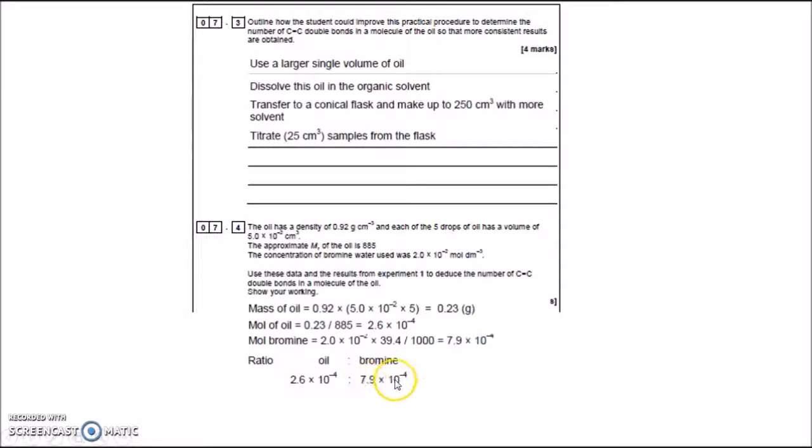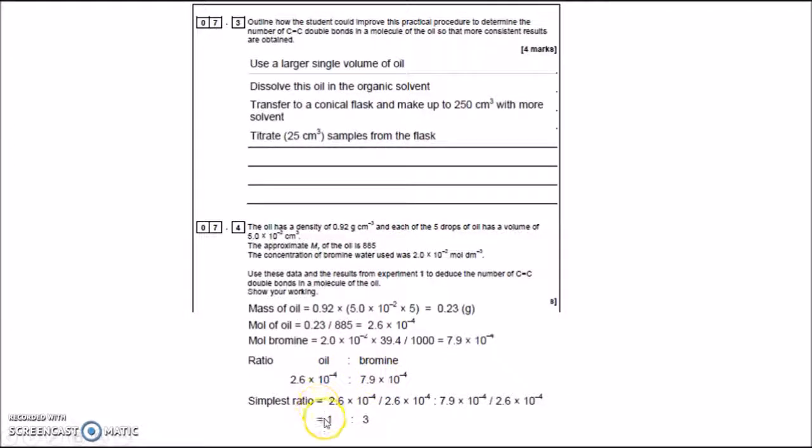It looks like I need 3 times the amount of bromine that I do for oil. 2.6 times 10 to the minus 4 times 3 comes out roughly at 7.9.